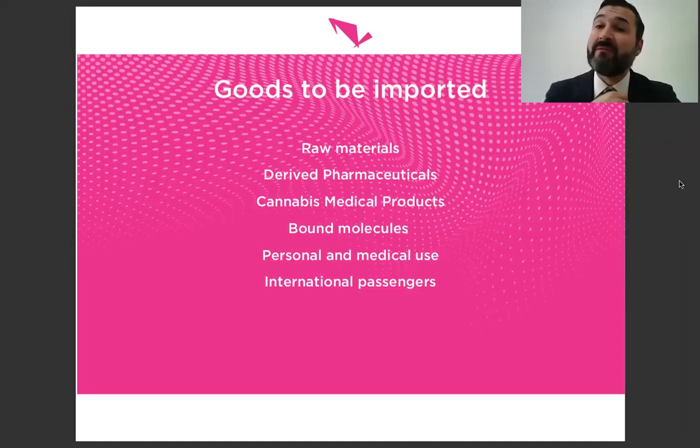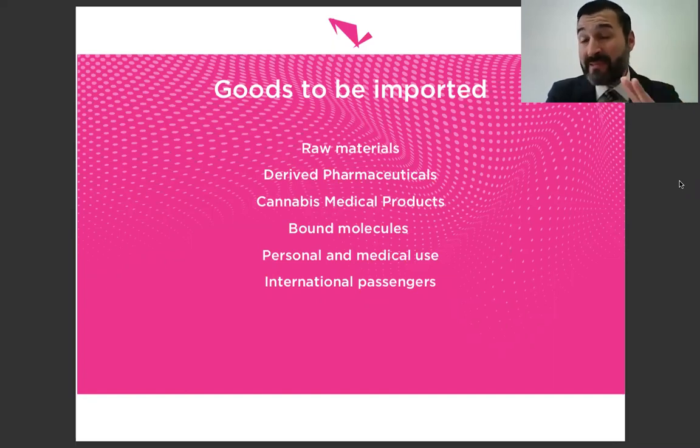That means that if I am required to use a specific drug or medicine for one of the treatments that I need at this point in my life, I have to import this product under the umbrella of these regulations for the medical use of cannabis. I am not saying that this is not important.